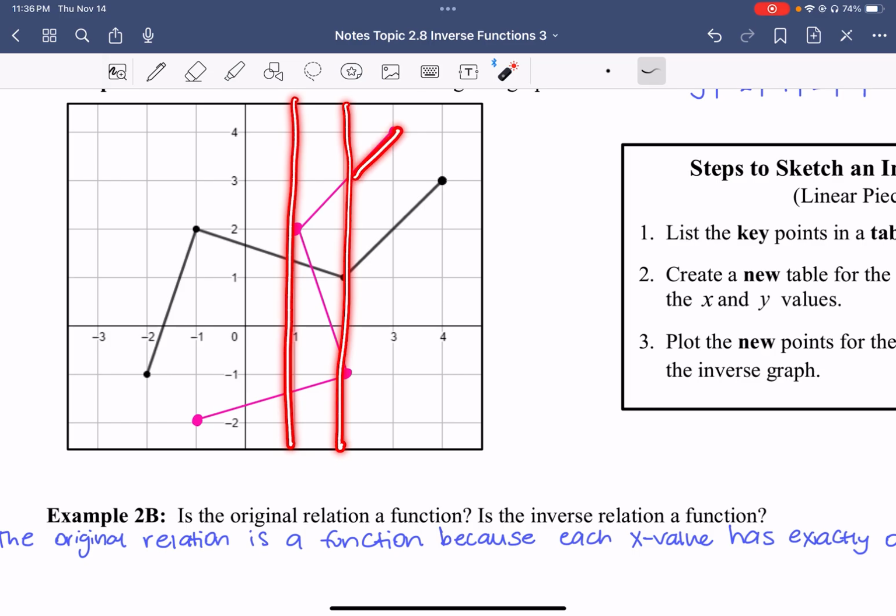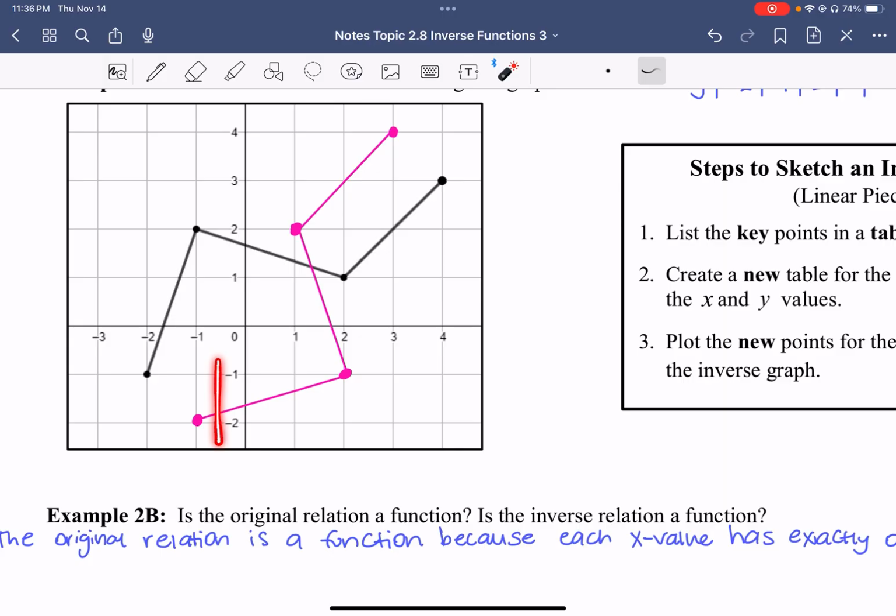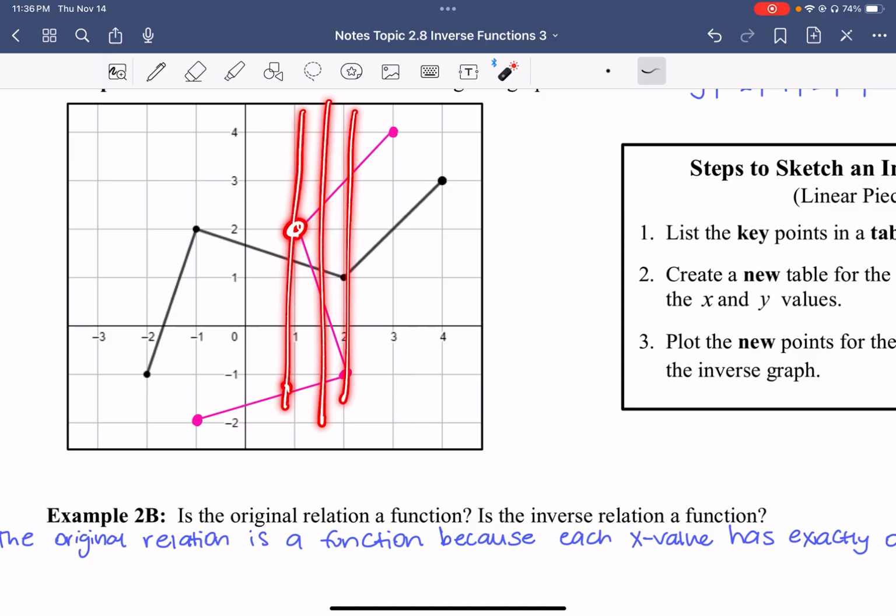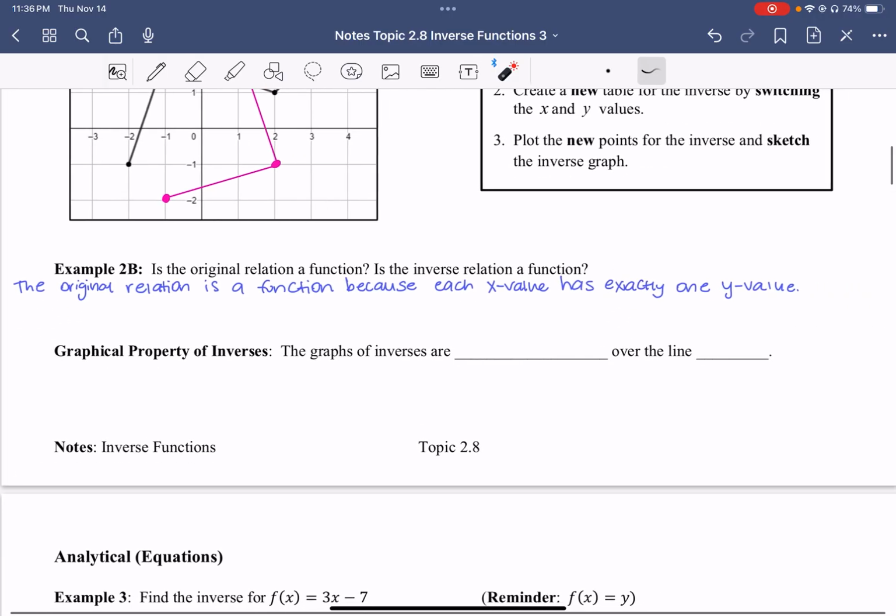But if you're only looking at this line segment on the front and the back end, this part passes the vertical line test, and so does this part. But again, everything from 1 to 2 fails the vertical line test because it touches 2 or 3 times, meaning that those x values have 2 or more y values.